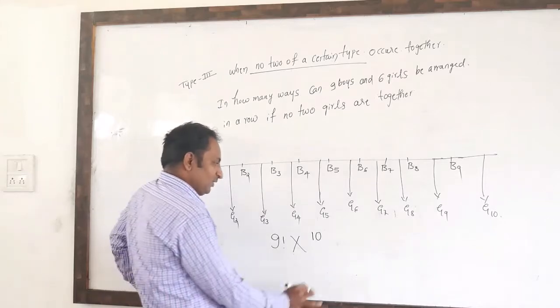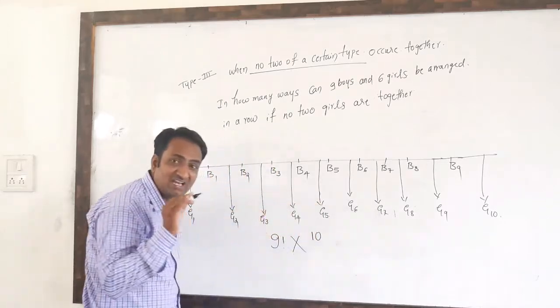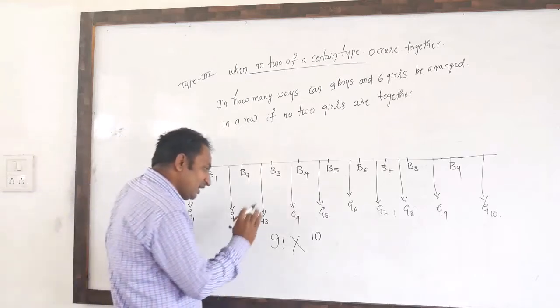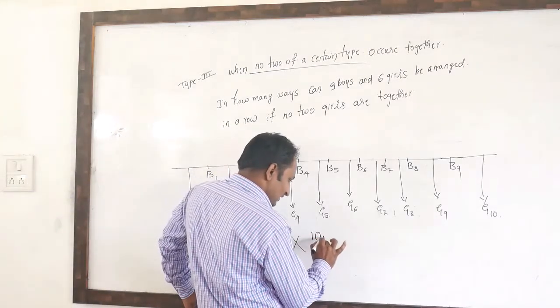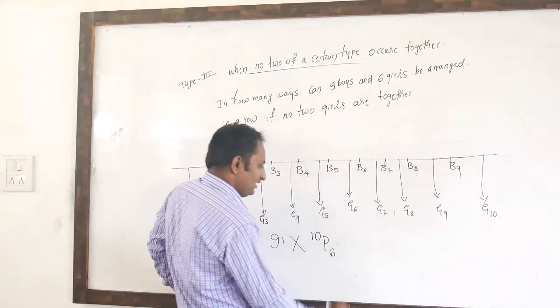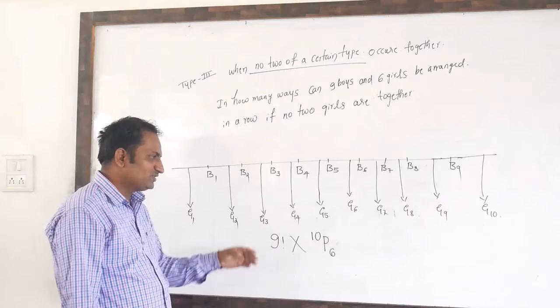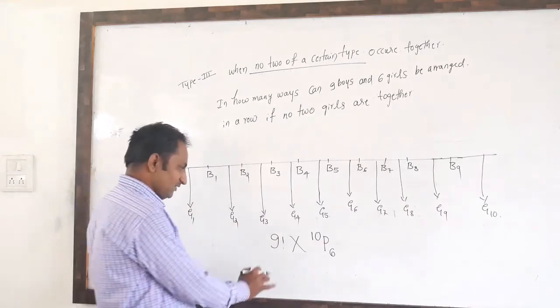Here 10 ways are available, but the number of girls is 6. That's why 10 possible ways are there. 10 P 6. Here out of 10 places, there are 6 ways to substitute the girls. This is our answer.